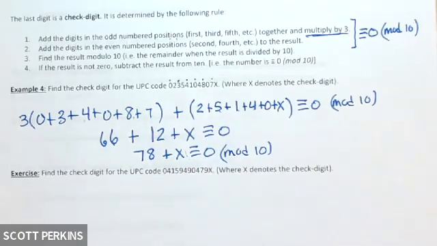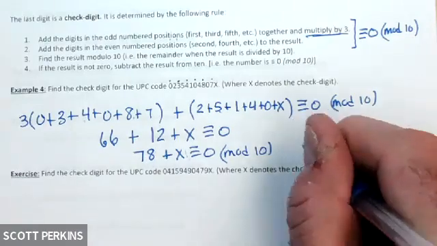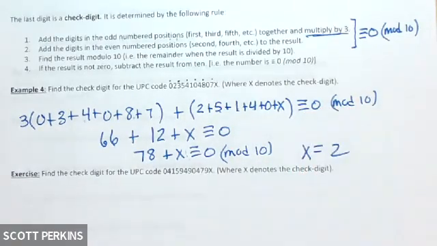Again, you can go through our process of solving that and finding out what congruence class that's in, but I am 95% sure we all can figure this out. What value does x have to be in order for this to be divisible by 10? It has to be 2, right? That's going to make 80. 80 is divisible by 10. So x has to equal 2. That's the check digit.